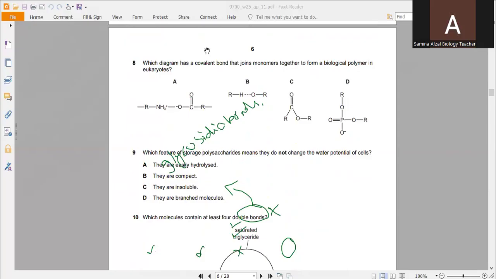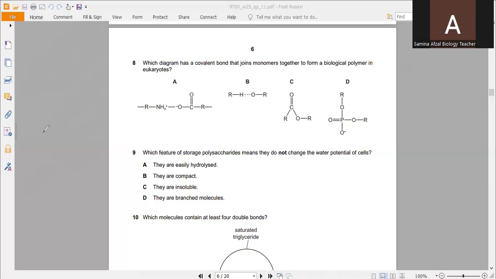Now question number 8: which diagram has a covalent bond that joins monomers together to form a biological polymer in eukaryotes? Here you can see A shows an ionic interaction.